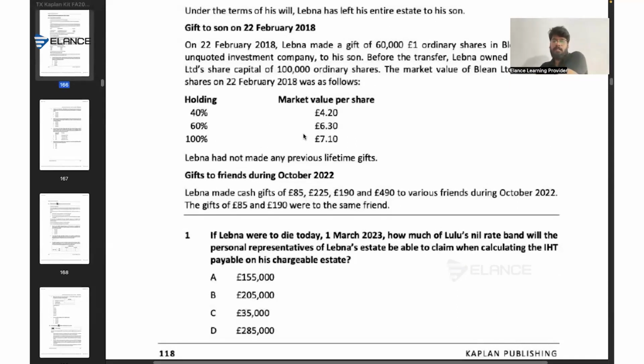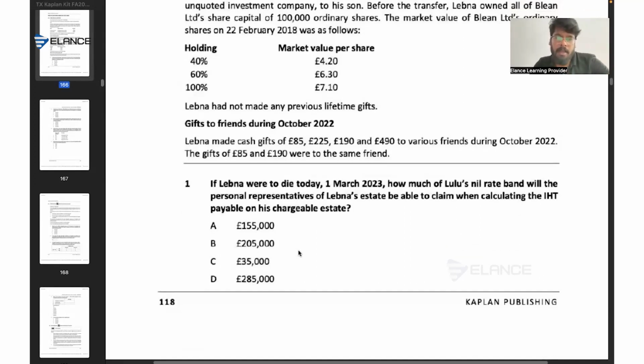Okay, so let us start our question. Look at the first requirement.